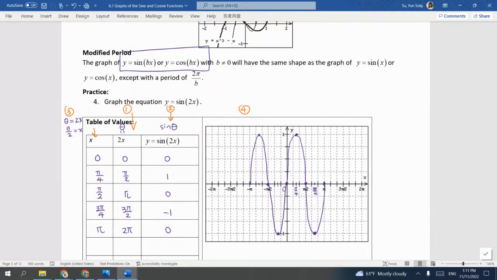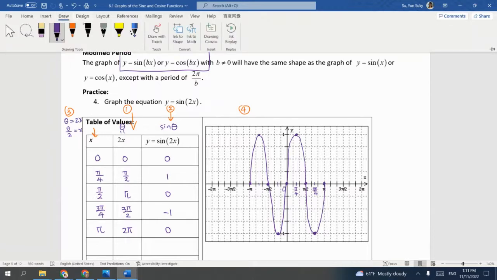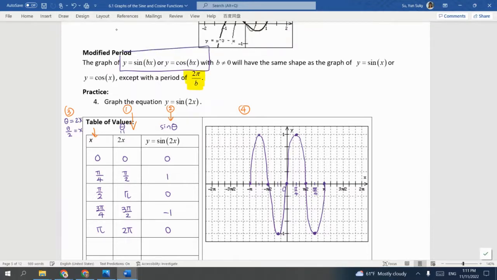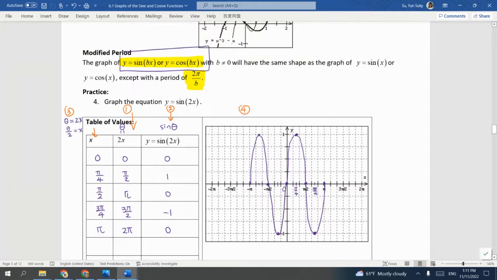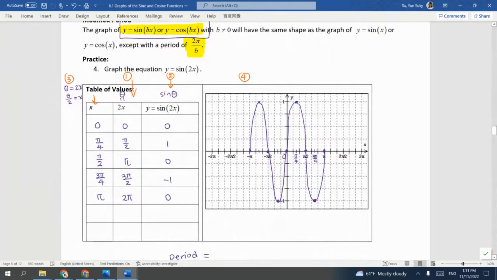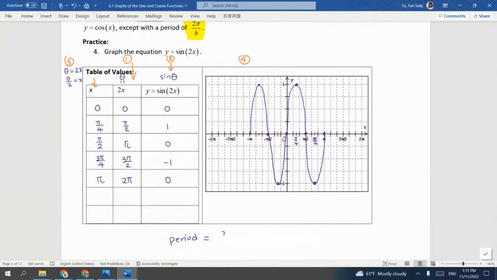Yes, everybody? Okay, so this is very, very important. Your period is 2 pi over b. Therefore, in this problem, our b, the coefficient of x, is 2. So, therefore, we have the period 2 pi over 2, which is pi.